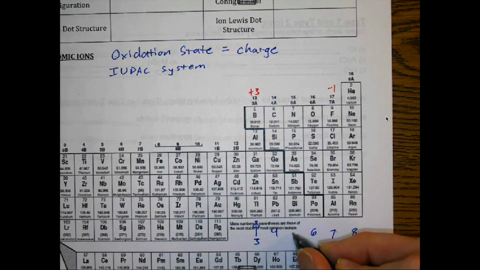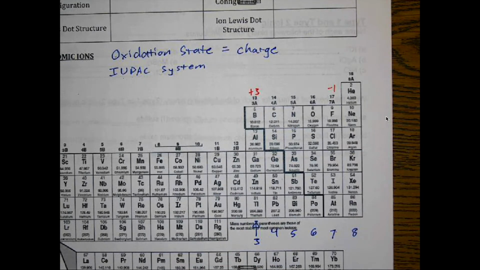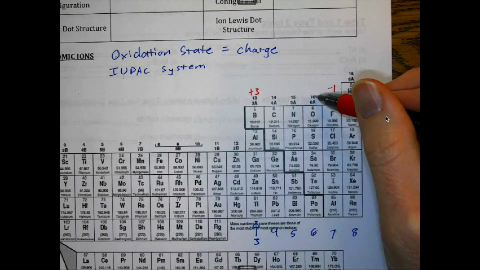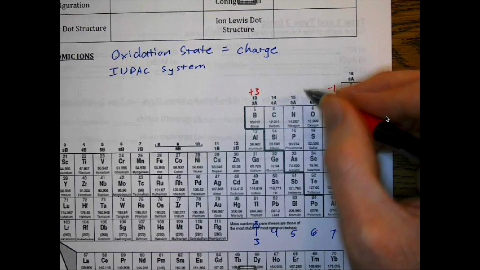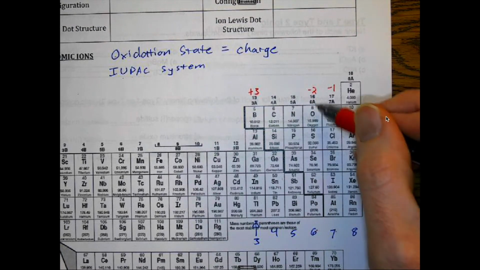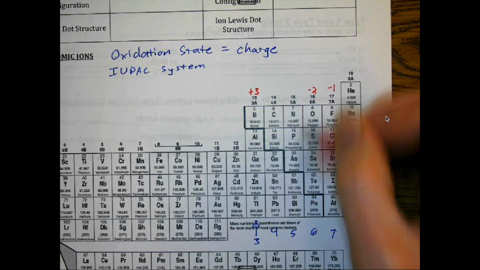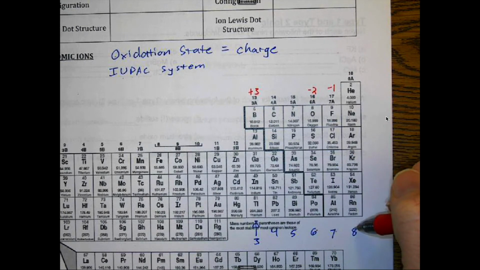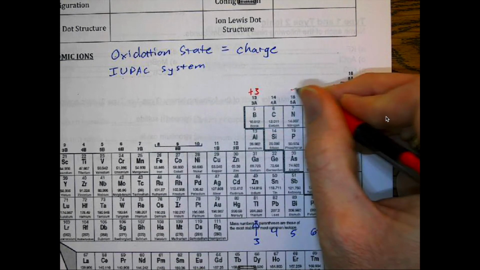Oh, I should have just done these in order. But 3, 4, 5, 6, 7, 8. So this one has 6 valence electrons, so it is likely to gain 2 electrons, which means it would have a -2 charge. And this has 5 valence electrons. It's likely to gain 3 electrons, so it would be -3.